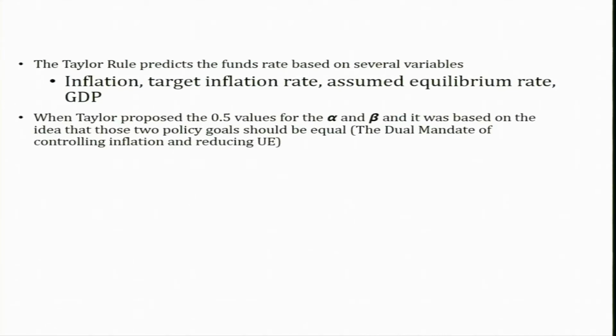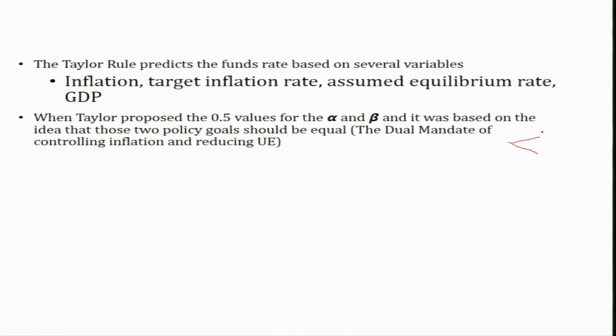When Taylor proposed the 0.5 values for alpha and beta, it was based on the idea that those two policy goals should be equal. That is the dual mandate of controlling inflation and reducing unemployment. So the dual mandate of monetary policy means there are two things we need to remember.